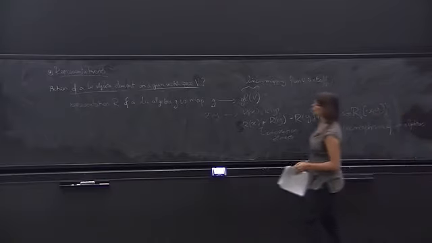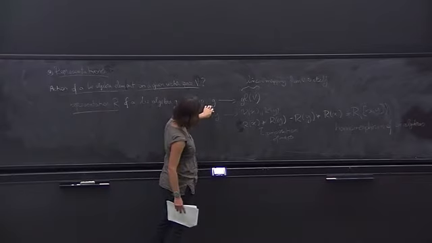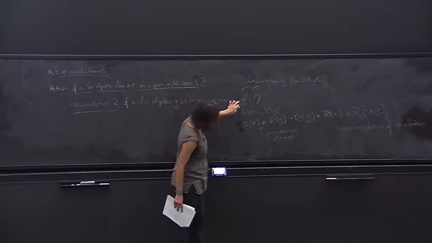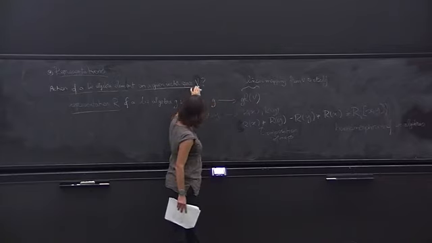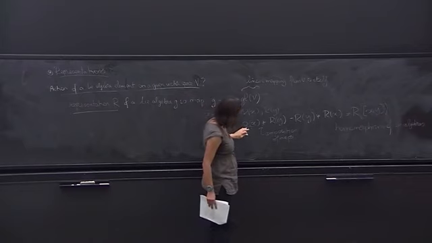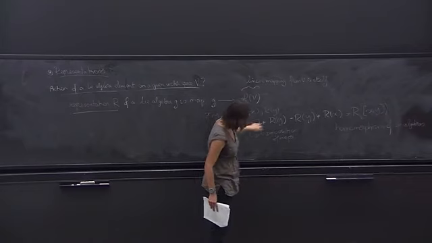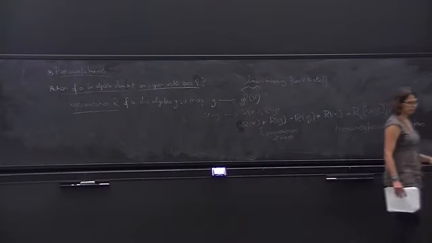Okay, so this is a representation. So a representation R is a map going from the Lie algebra to the space of linear mappings on the vector space V, such that the commutator of the maps is the map of the Lie bracket, okay?